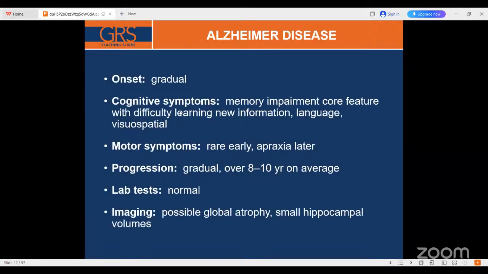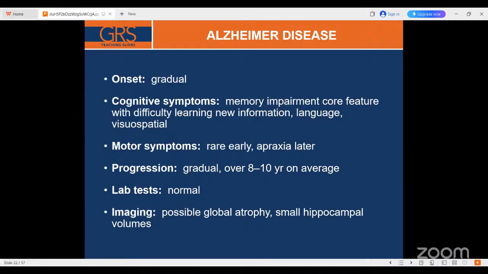And then we go to Alzheimer's disease. It has a gradual onset. The main cognitive symptoms are memory impairment with difficulty learning new information, and impaired language and visuoperception. Motor symptoms are rare early; they have normal motor activity at the start of the disease, and as the disease progresses they start to have some motor symptoms.